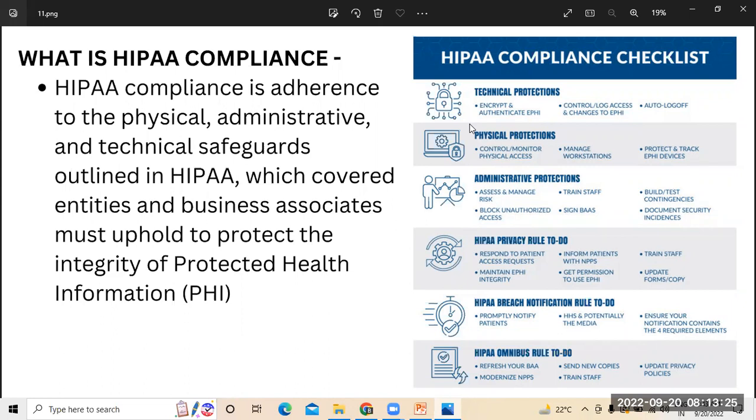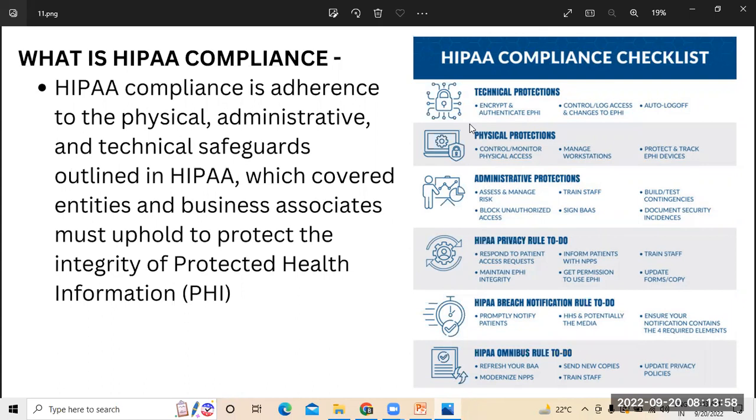Please note down these terminologies, which are useful while you are working as a business analyst. Protecting the health information of individuals is essentially required. Now, when it comes to the compliance checklist, the first one is technical protection.